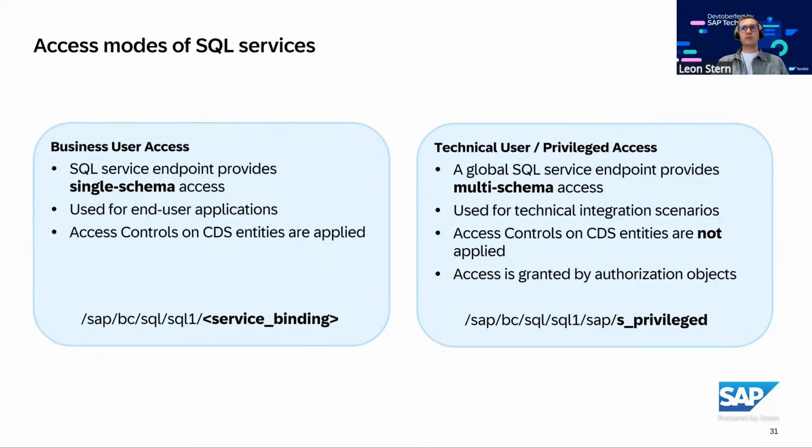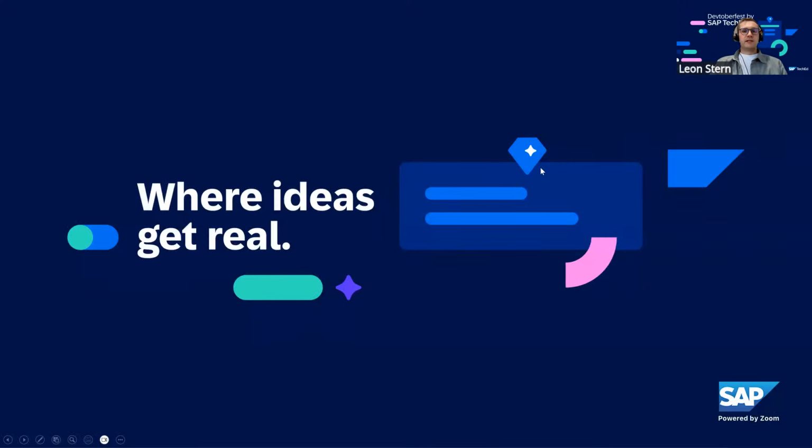Of course, only if you have the right authorizations in place. For the manipulating statements, insert and delete, which are supported currently, only the privileged access mode is supported right now. Having said this, let's move on to the demo and see how this works in a real system.